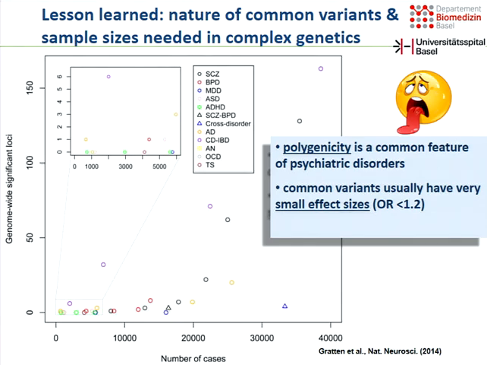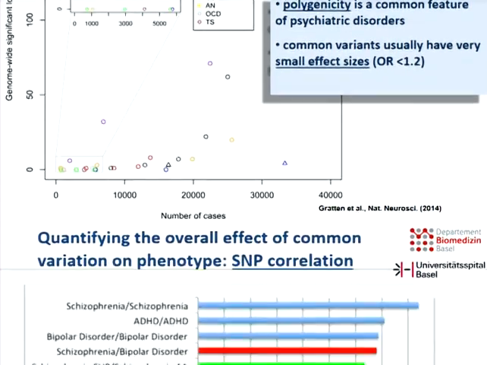So if you have a basic risk of 1%, such as in schizophrenia, a lifetime risk of 1% to develop the disease, and you have that particular variant with an odds ratio of 1.5, your lifetime risk would be 1.5%. But we have learned odds ratios are smaller than 1.2 in the GWAS. So the effect sizes really were overestimated in the past, and that's what Jason mentioned already.